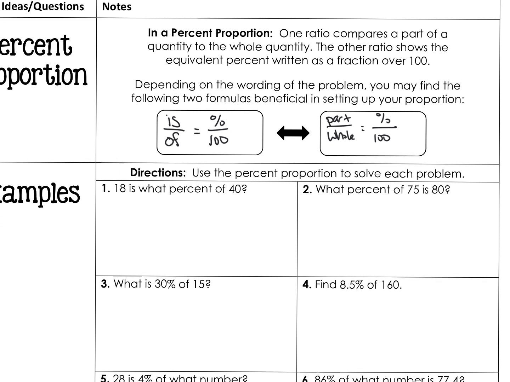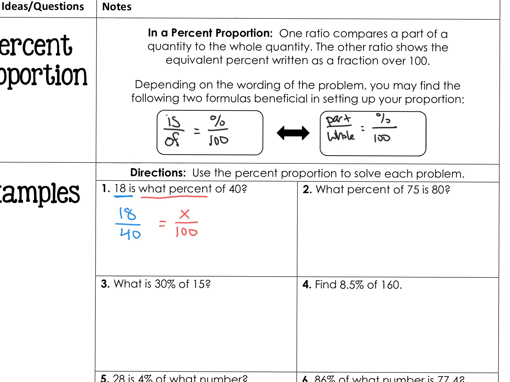So number one, 18 is what percent of 40? Since it's asking what percent, we know that the x is going to be over 100. And now here's where that "is" versus "of" part comes in. Since it says 18 is a part of 40, 40 is going to be our whole.